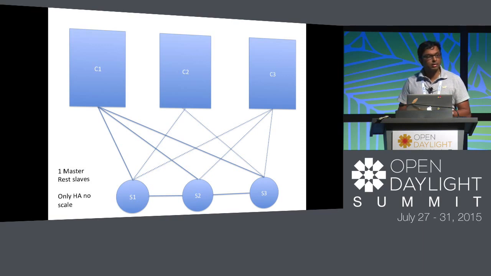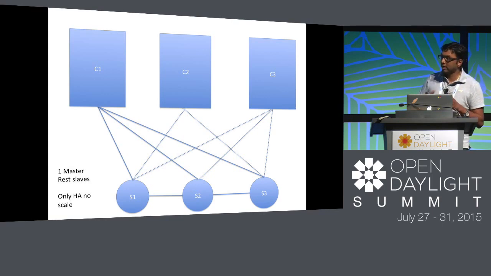This can be done by following the leadership of a shard of a data store, inventory config or inventory operational, and making that node the master wherever that data store shard is a leader. Again, this is just HA and no scale as such.